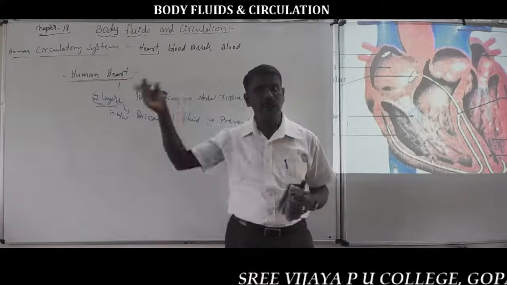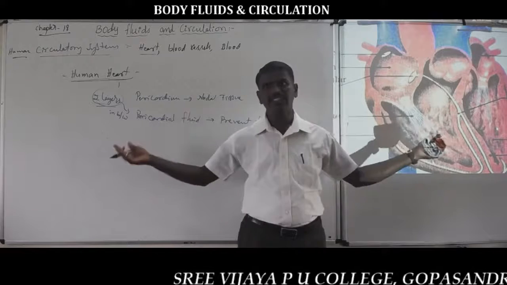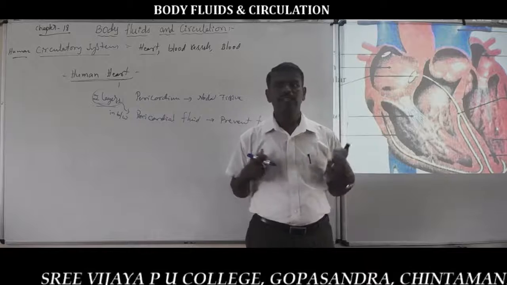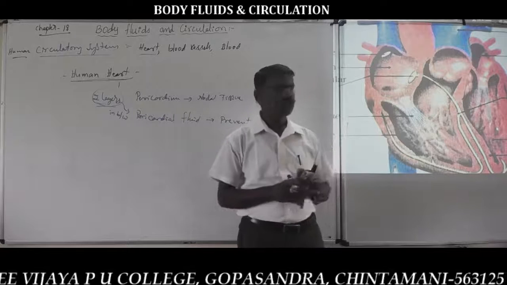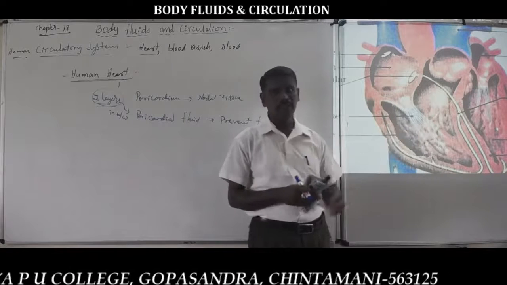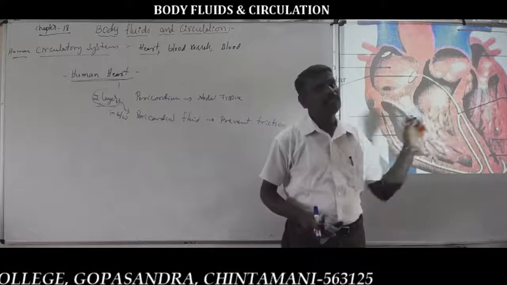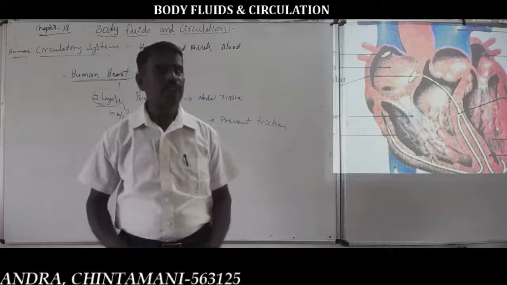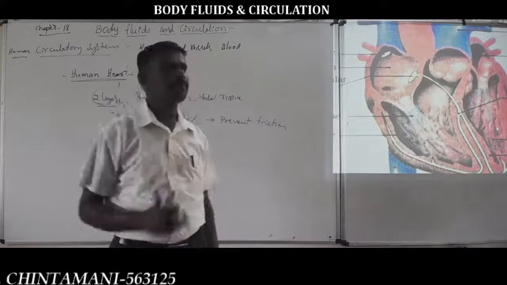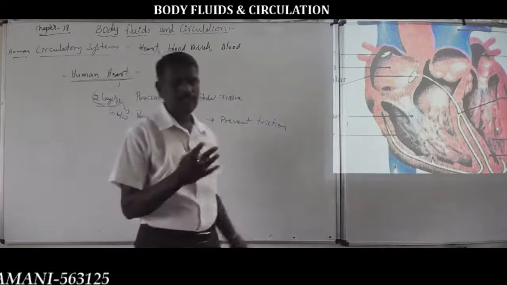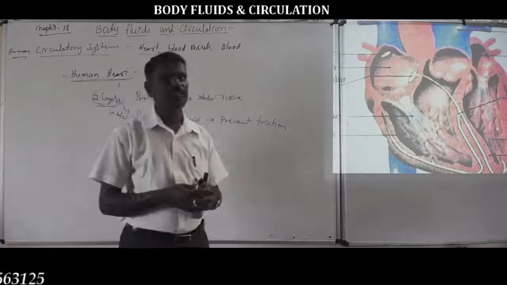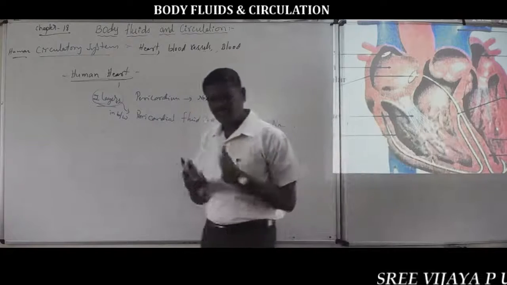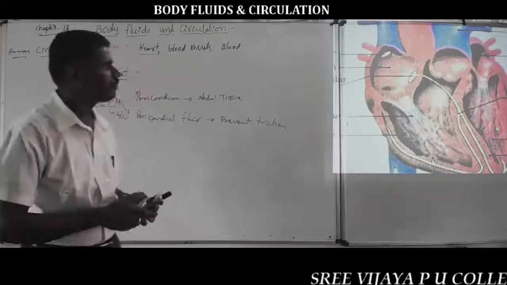The heart is located in between the two lungs, so it pumps over a short distance. But the left ventricle pumps the oxygenated blood towards the entire body, from toe to head. As it requires more pressure, the left ventricle has thick walls.